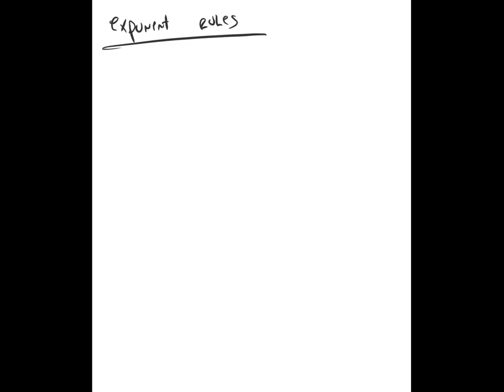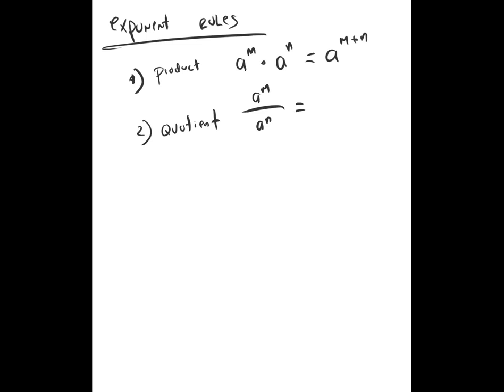Which we have a few of them, right? The product one tells us a to the power of m times a to the power of n was a to the power of m plus n. Another one is the quotient rule. Tells us a to the power of m over a to the power of n was a to the power of m minus n.